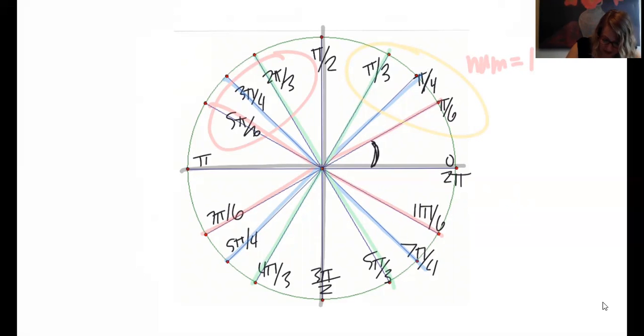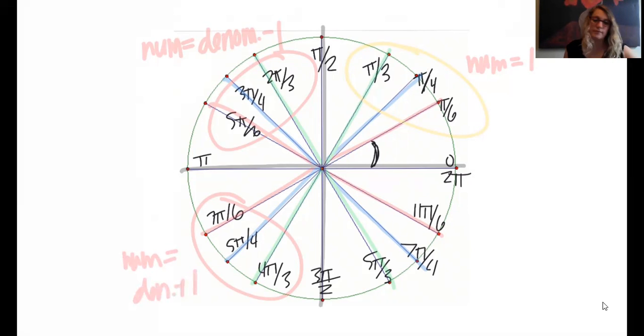They're all 1 less. So the numerator is the denominator minus 1. So if you can remember where the denominators go, then you can remember just to do minus 1 there. These ones are all the denominator plus 1.